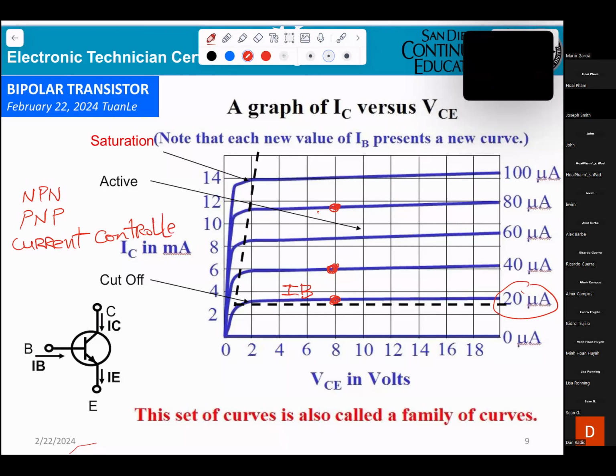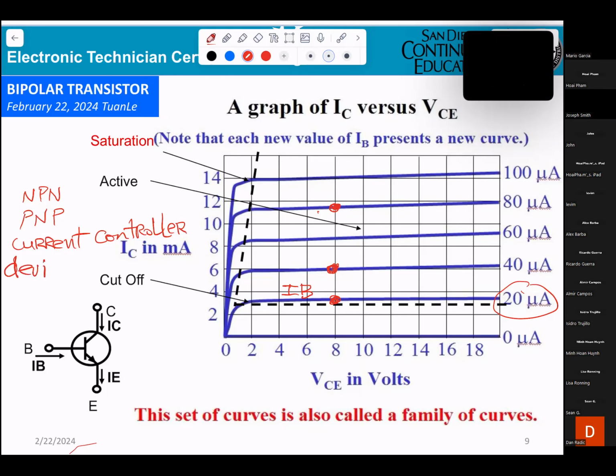The bipolar transistor is current controlled. Basically, the current IC depends on current IB. When IB is bigger, IC is bigger. That is a current controlled device.